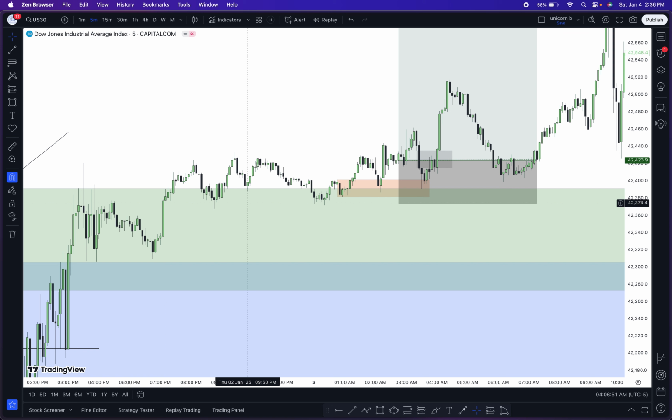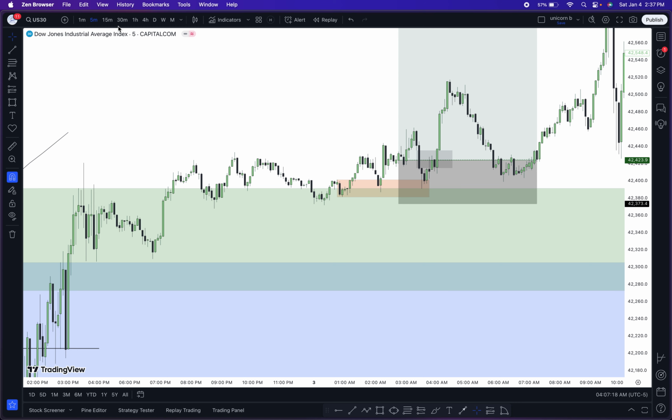A positive candle closed above the CB, and here you can notice this OB printed in the 5 minute time frame. After this OB printed, I got expansion here, and I entered at this point. At this point I entered, and I placed the stop loss below the swing low.